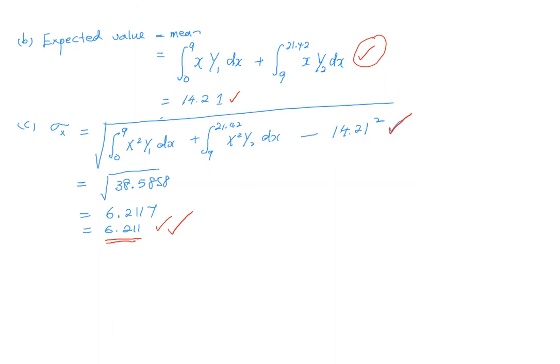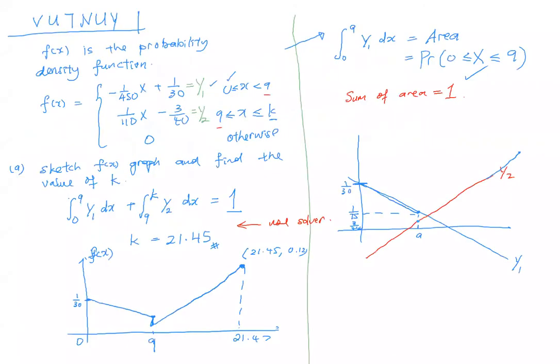Okay, so next, they will ask you to find the median. Okay, someone has a question. 21.45, is it? Not 42, is it? So hello, I made a mistake, you see? 45.